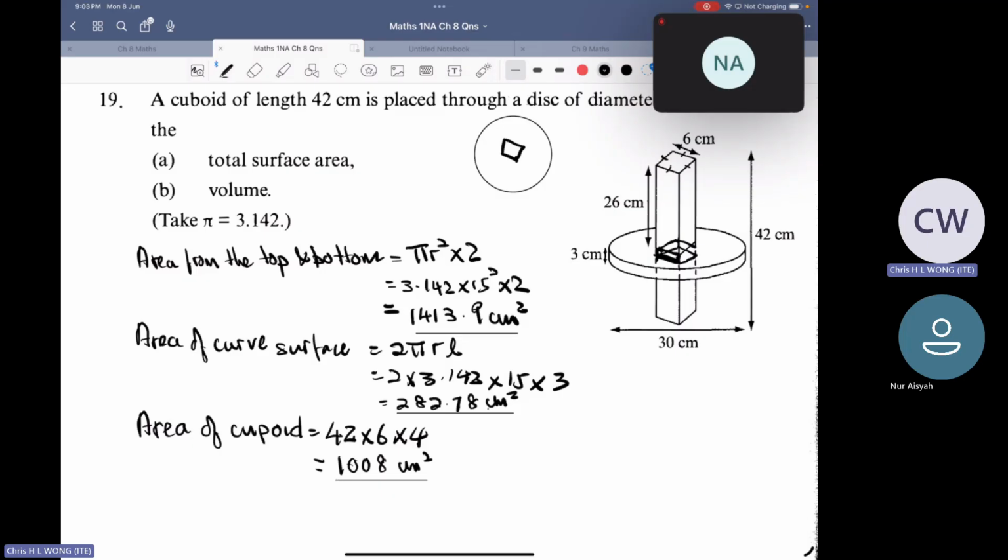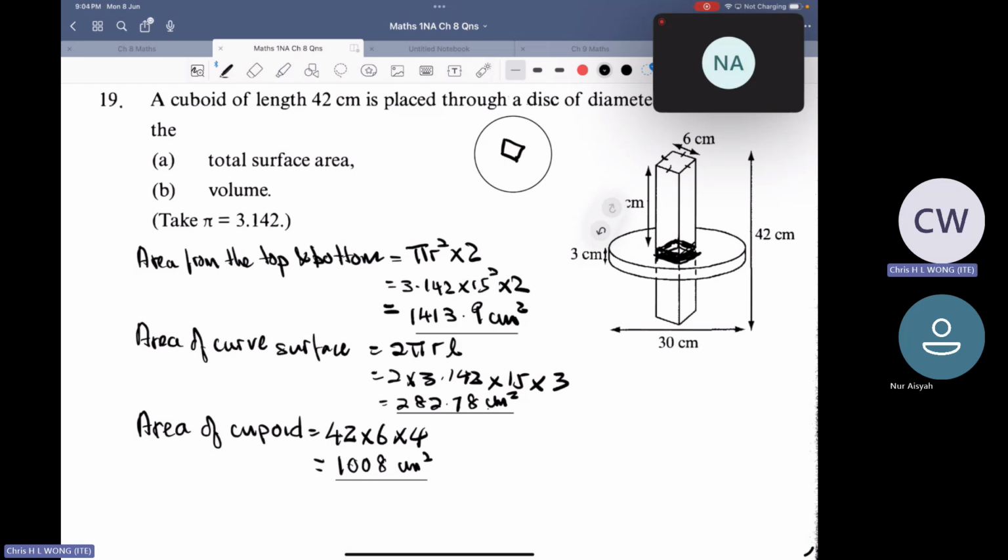So the last one, you need to calculate the inside hole, okay? The inside area of the block that is covered by the hole. This one, you must minus it away inside the hole. The surface area of the block that is inside the hole, you cannot count.